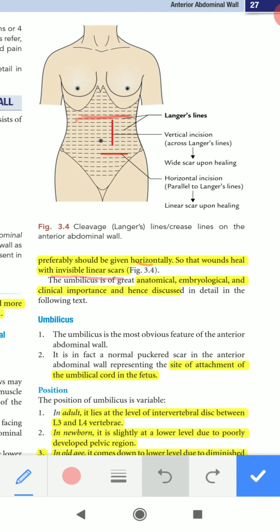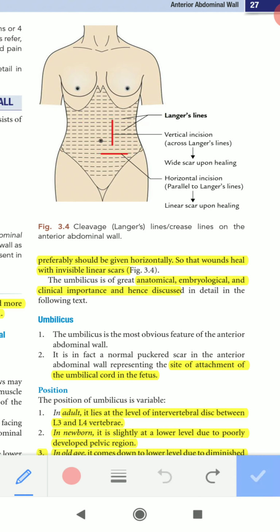In the Langer's line, in the skin of the abdomen, the collagen fibers are present horizontally. So if we make the incision horizontally, the scar will be minimal or invisible.